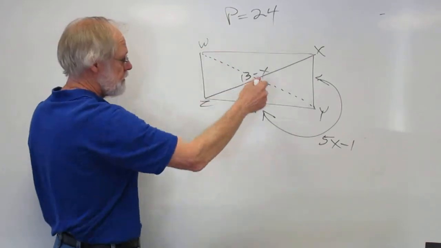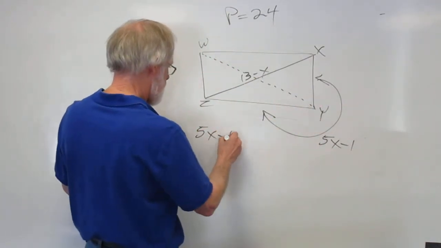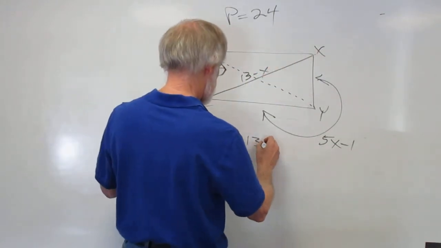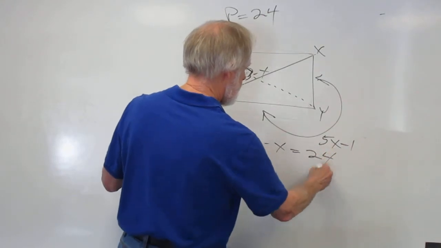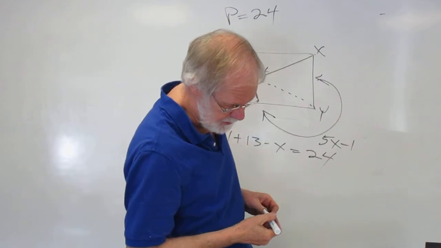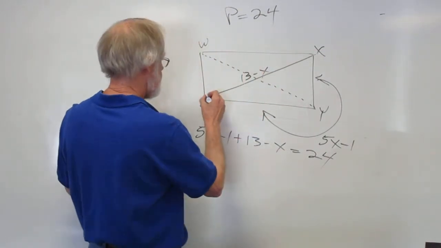If the perimeter is 24, we're going to say these two together make 5x minus 1 plus this is 13 minus x, and that must equal 24. The triangle XYZ is what we're interested in, and that's this triangle here.